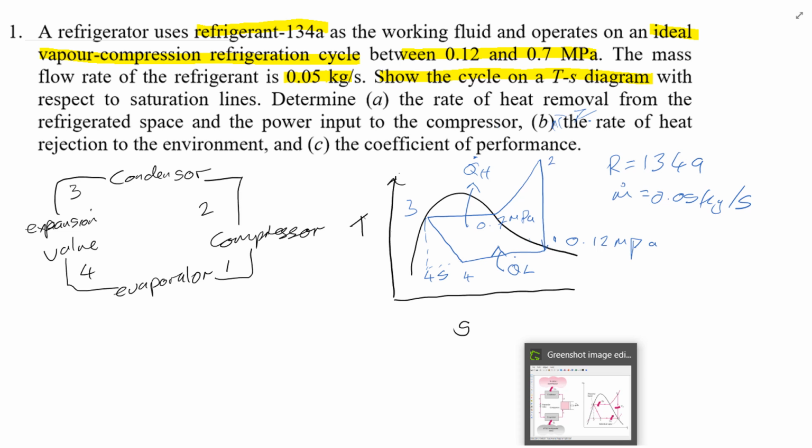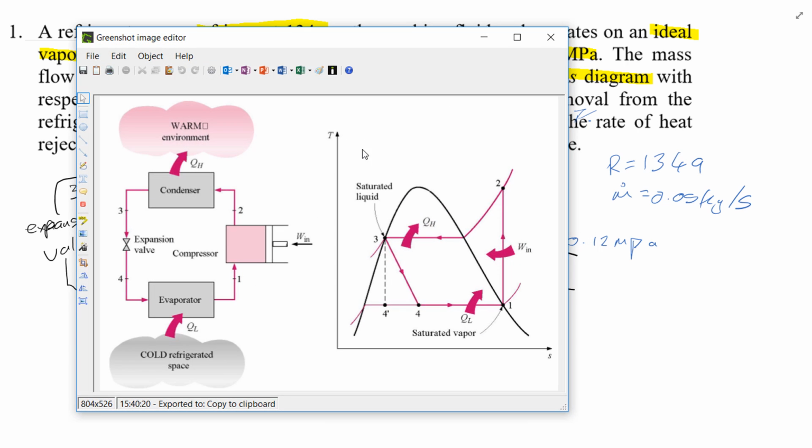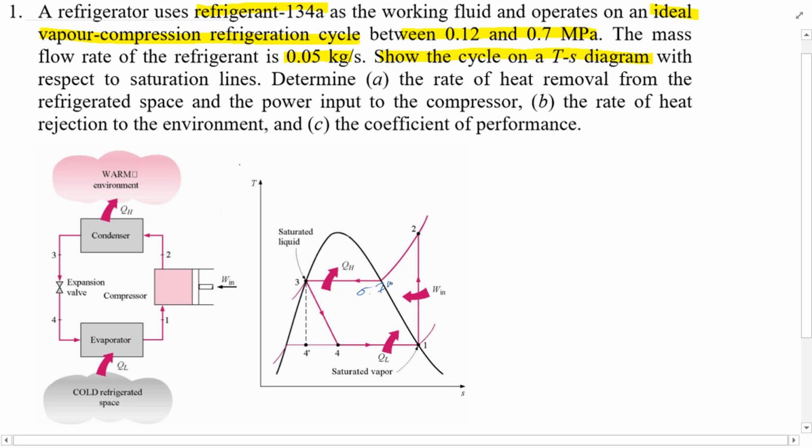You can also find more information on the ideal vapor compression refrigeration cycle on page 610 of the recommended textbook. 0.7 here and 0.2 MPa here. Mass flow rate 0.05 kg a second.